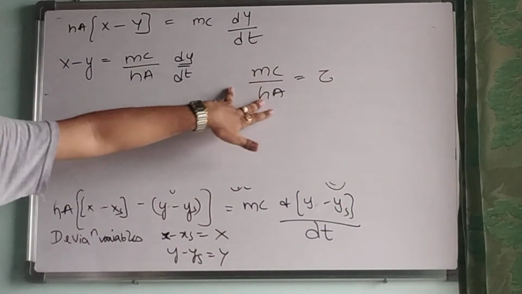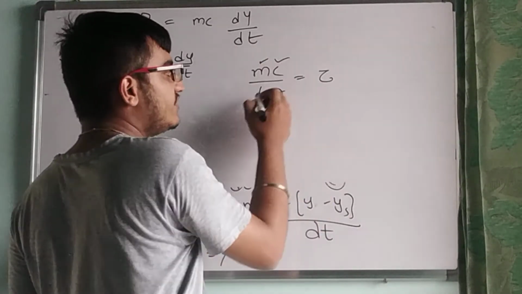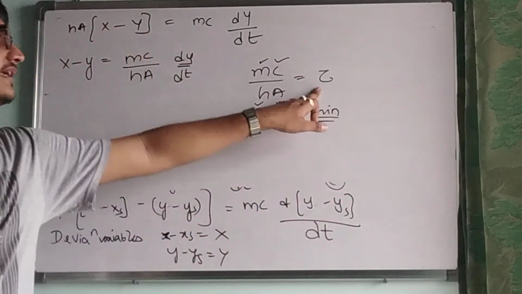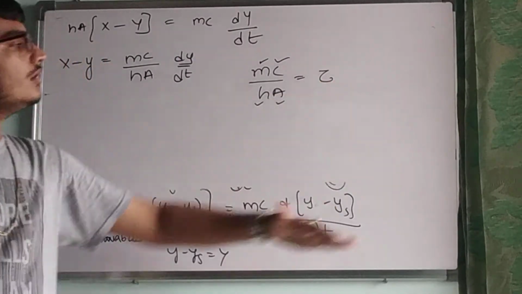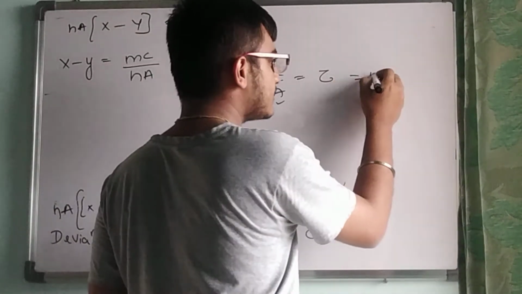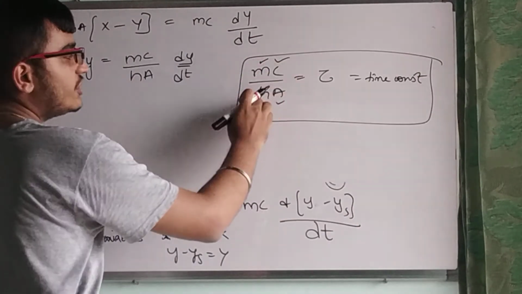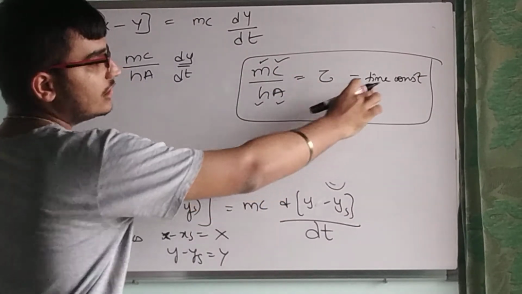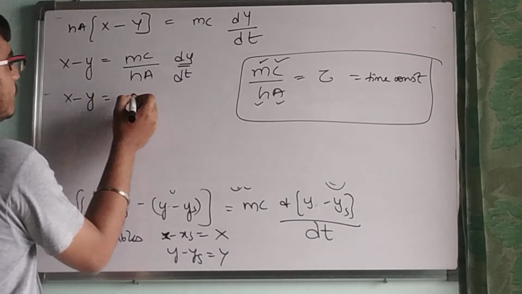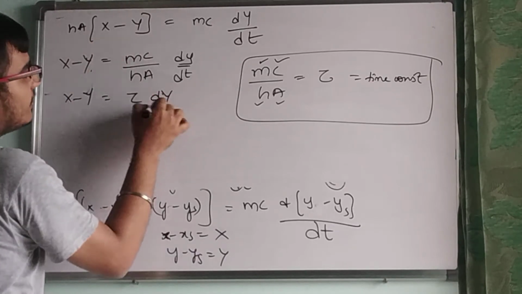Mass, Cp, heat transfer coefficient, area: if you write their individual units and solve, you will get it in minutes. Therefore tau is the time constant. So X minus capital Y is equal to tau into dY by dt.